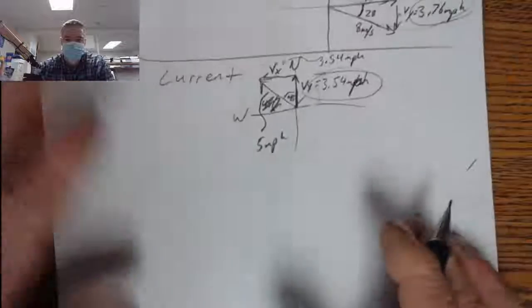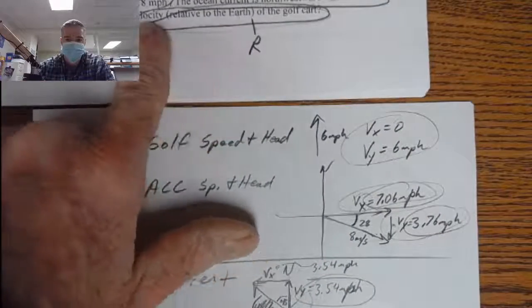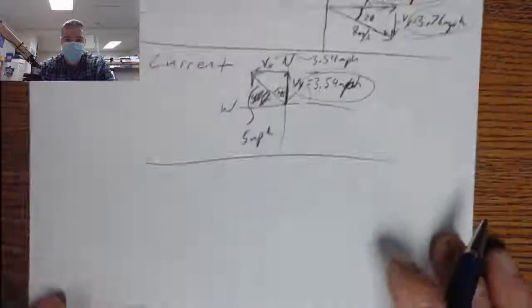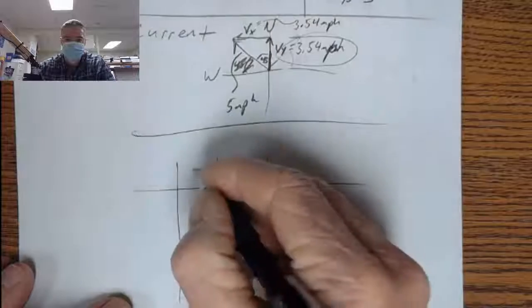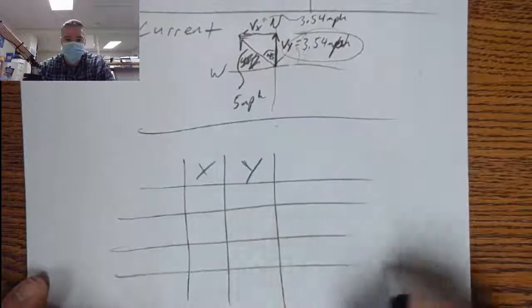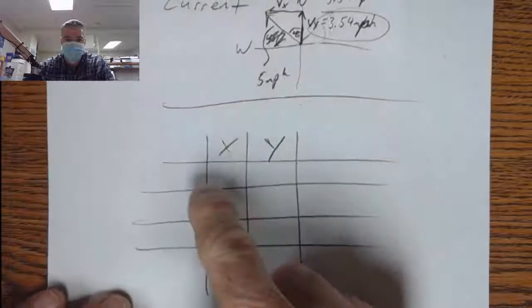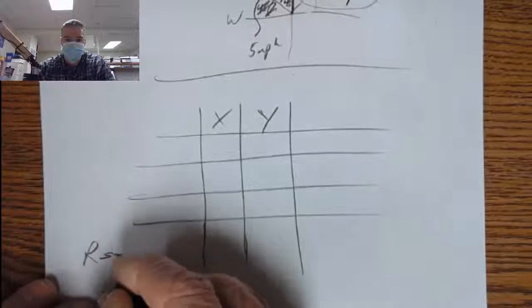And then the last, I've got 4 things in here. The last one, that's the one I'm looking for, so I can't actually do anything. I'll make my table. It's going to be a little bigger this time. These are all the x and y components. I'll list my 3 component vectors and then my resultant vector here.